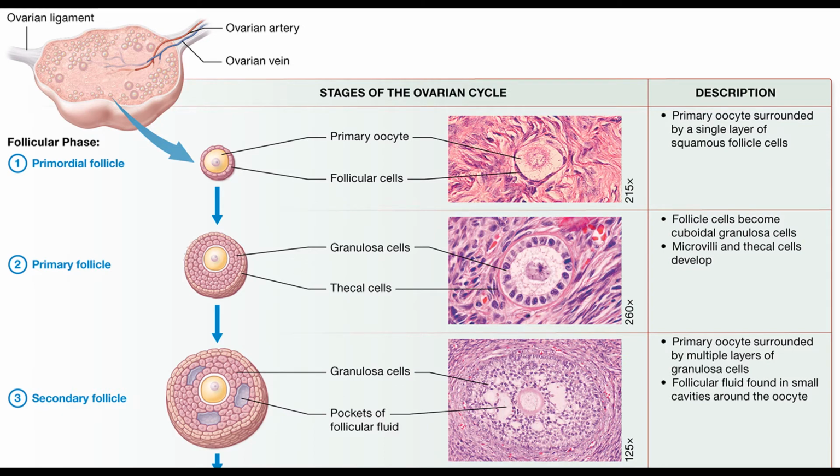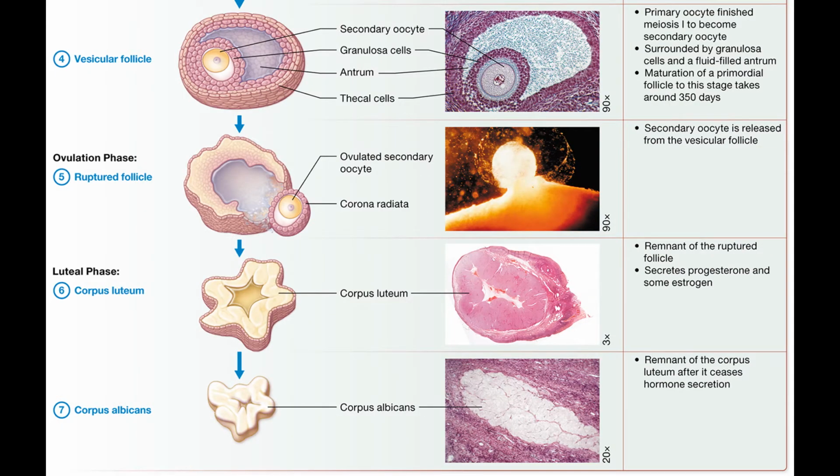You've got the follicular phases here, and then eventually we get down to the vesicular phase, and then you have the ovulation phase in the middle here, and a luteal phase. Again, I'll go in depth on each of these, and I'll pull these images back up after we discuss them.